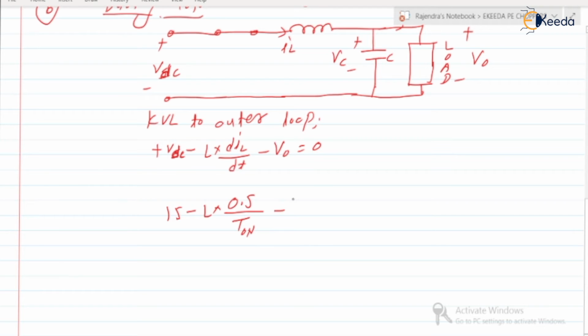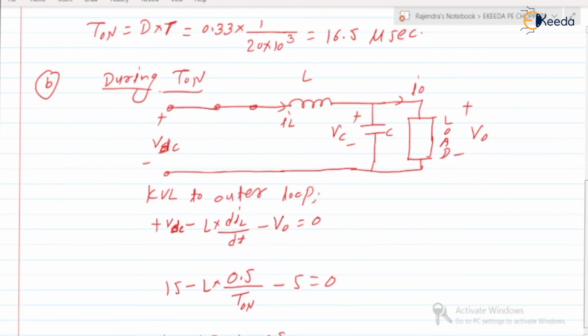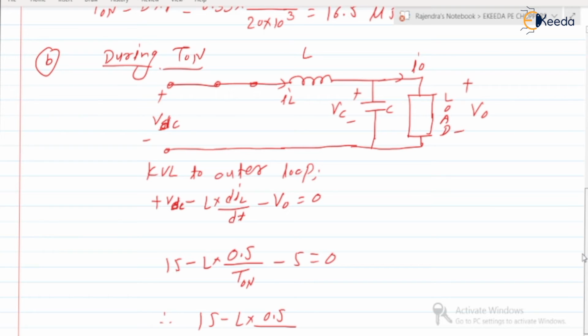Minus V0, which is given as 5 volt, equal to 0. Therefore we can write 15 minus L into 0.5 divided by T on. What is the T on? Just now we have calculated T on is equal to 16.5 microsecond, right?